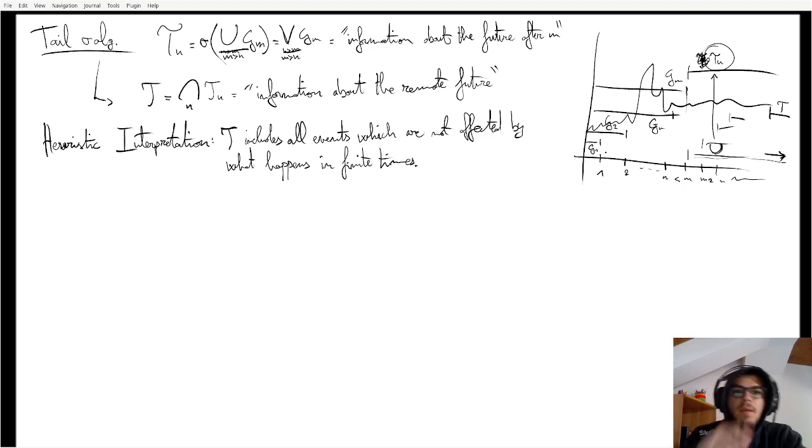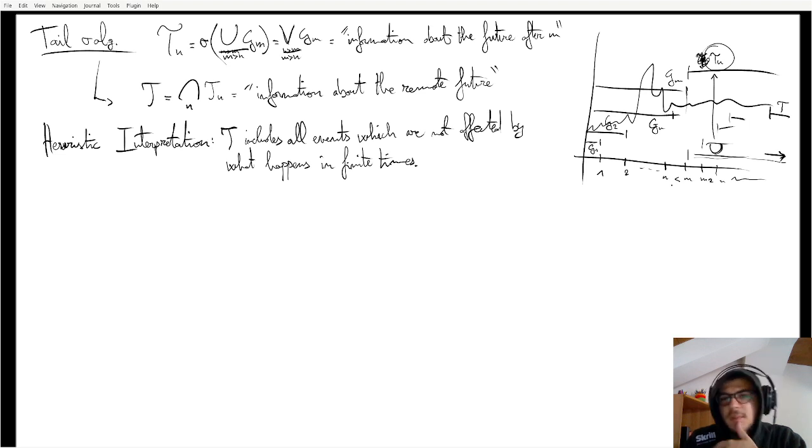So basically what happens here doesn't have any kind of consequence on what happens in the remote future. So everything which we have in early times doesn't change the behavior of the process in the long term, let's say.